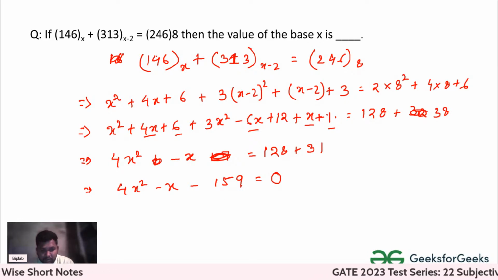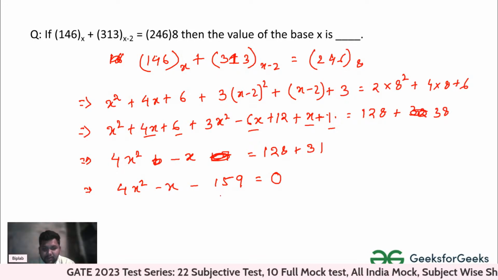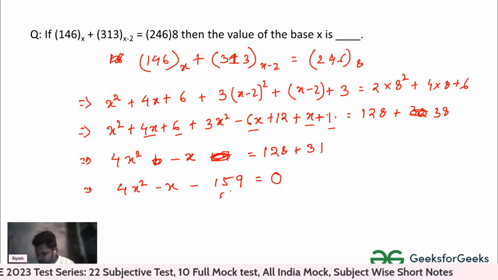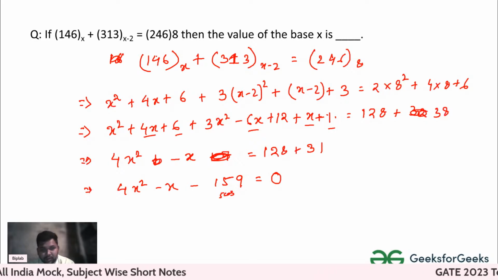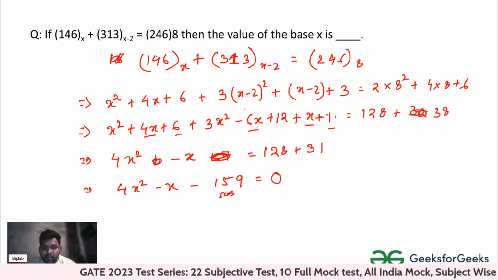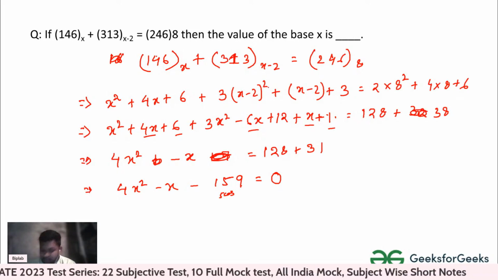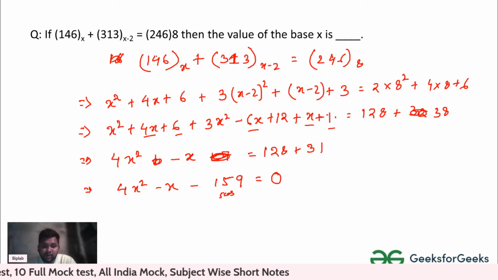Okay, so I think you can solve it here. If you take 3 common, 3 is 12 and it will be 3 5 3. Okay, wrong. I was also thinking I was missing something there.